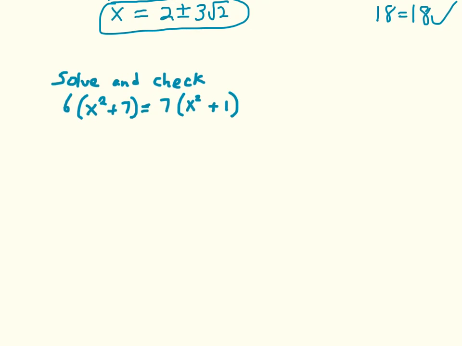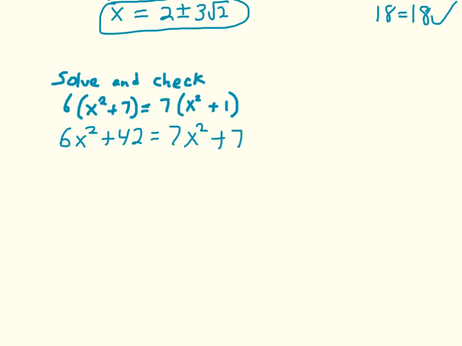Now I have 6 times the quantity x squared plus 7 equals 7 times the quantity x squared plus 1. I'm going to go ahead and distribute here and make that 6x squared plus 42 equals 7x squared plus 7.